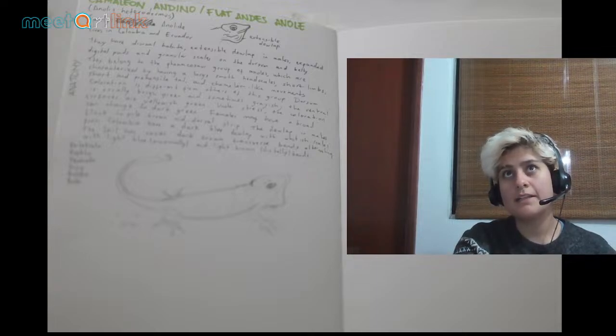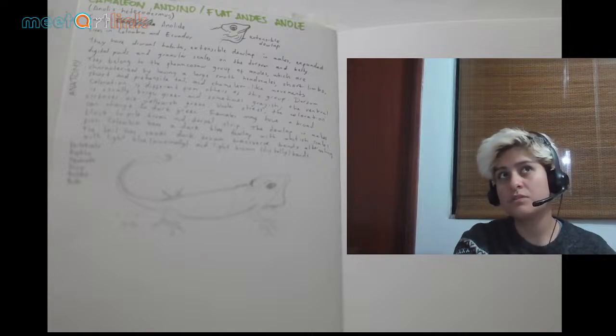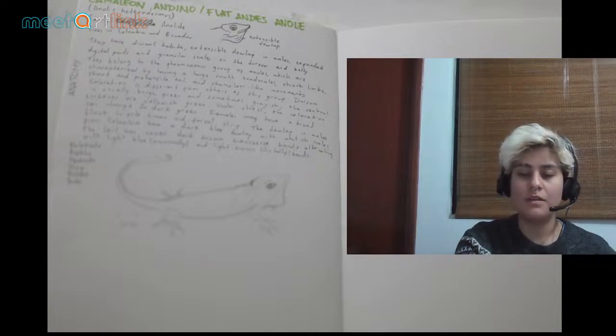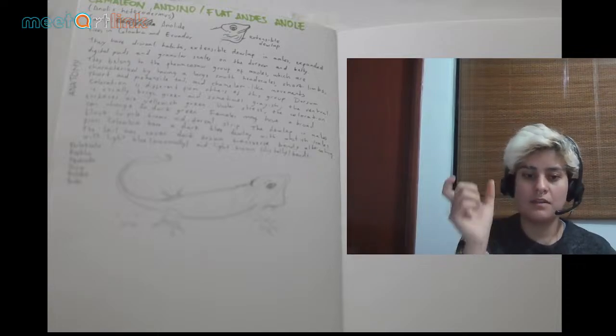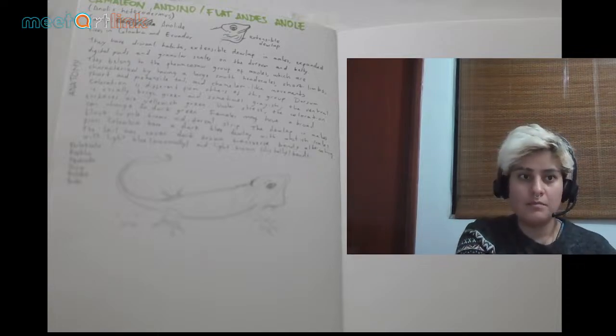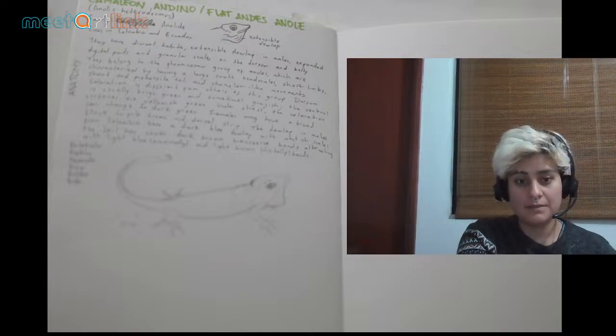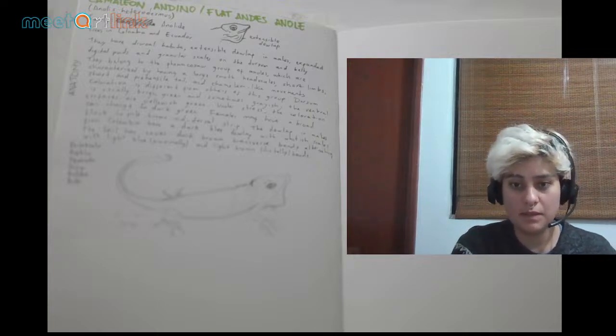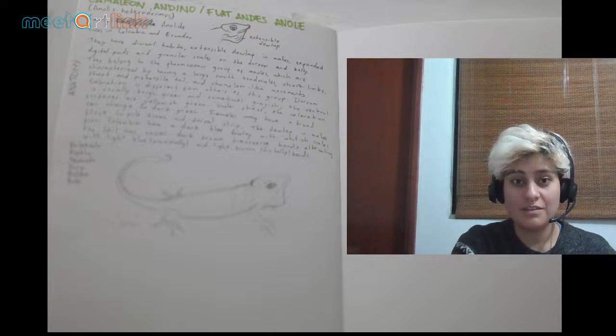When they're juveniles, the color is slightly different than when they're adults. So if you wanna go big with it, you can also draw the juvenile stage, the female and the male, because they tend to be different. But I just want you to see what I mean when I tell you that my species has a lot of changes in coloration.